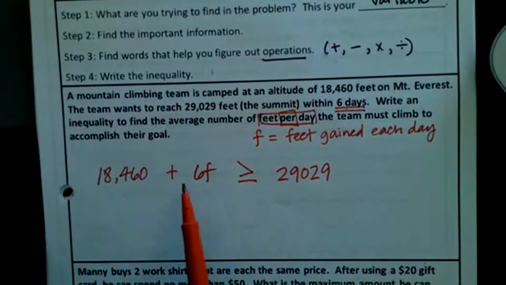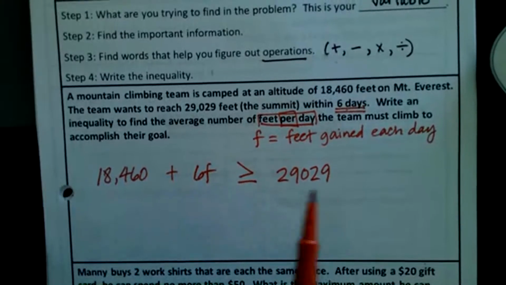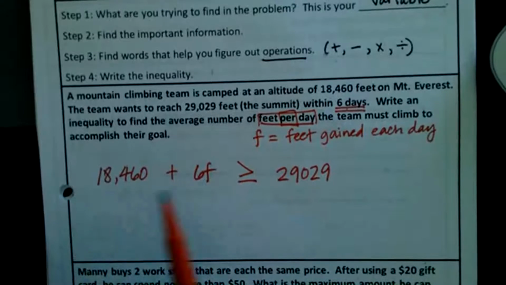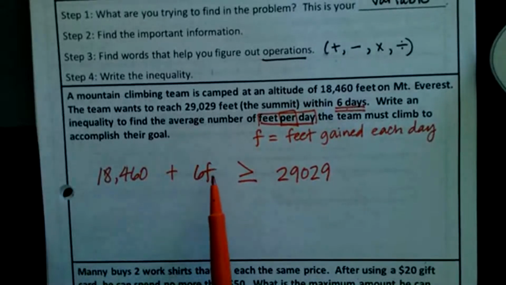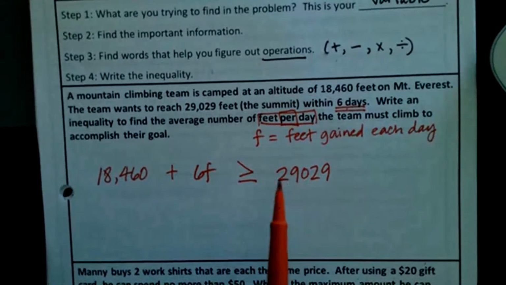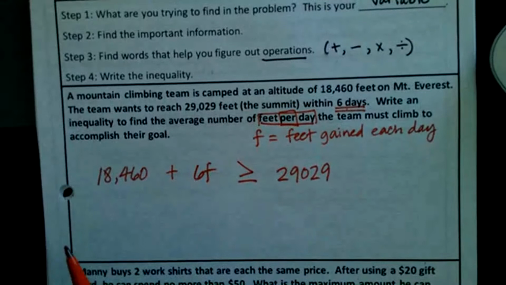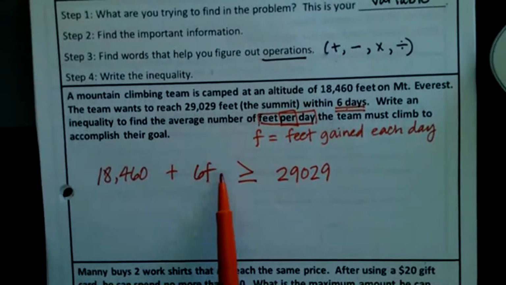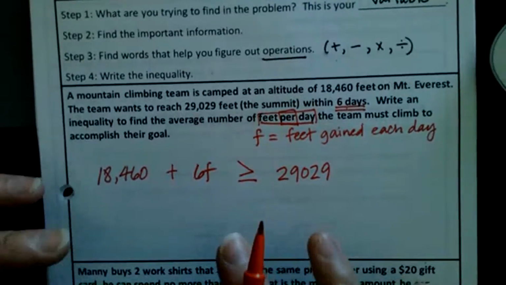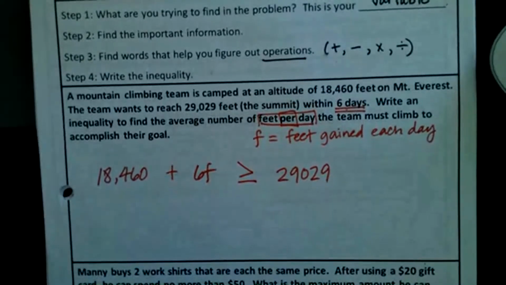Okay, so it's okay if they reach it early. They just can't reach it late. They can't take more than 6 days. They can take 6 days or less. So the number of feet that they have to travel each day has to be a number that will either put them over the summit or at the summit in 6 days. Okay, so we're looking for a number of feet for each day that they travel. That is how you write that inequality.